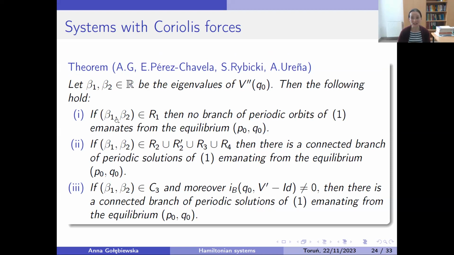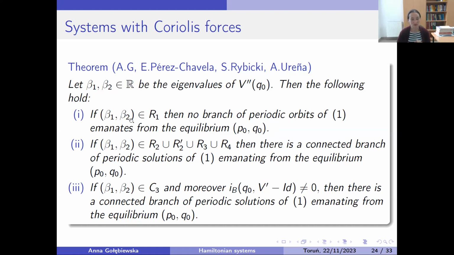We can say whether or not solutions exist depending on which region the pair of eigenvalues is in. So if we compute the pair of eigenvalues, we can just check in which part of R2 this pair lies. These are the eigenvalues of the part of the potential depending on position.